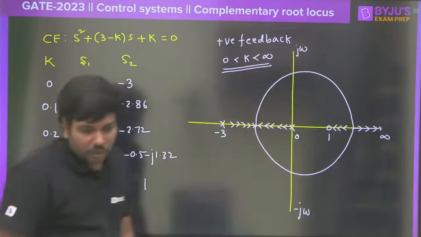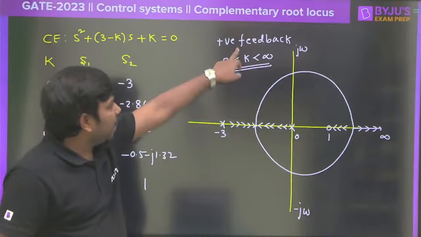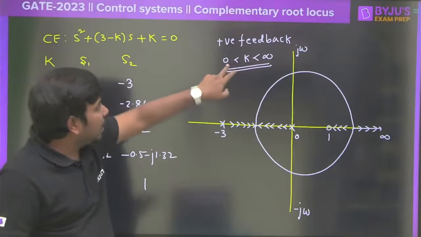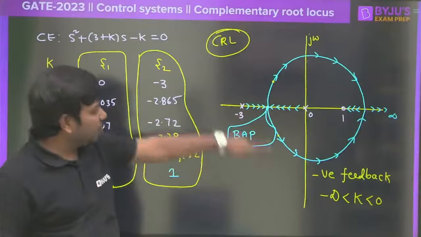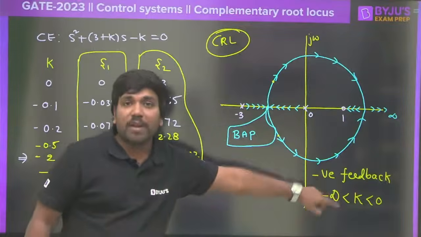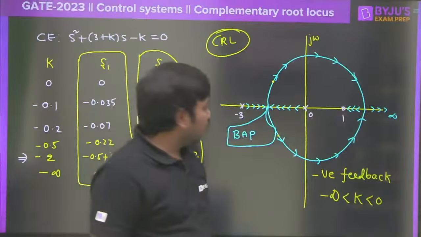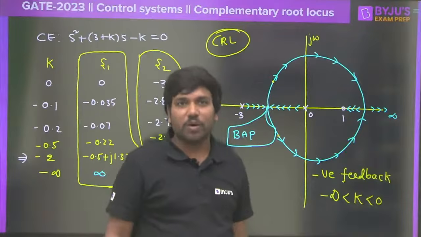Positive feedback with k from 0 to infinity is exactly the same as negative feedback with k from minus infinity to 0. Clear? So both of these two are the same.